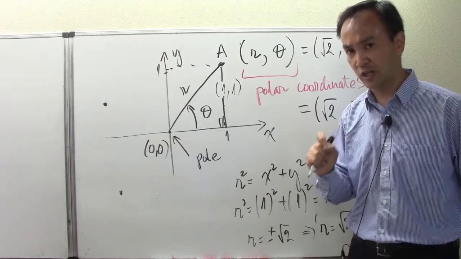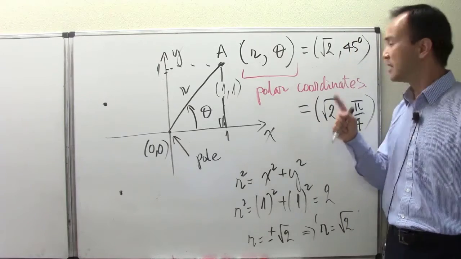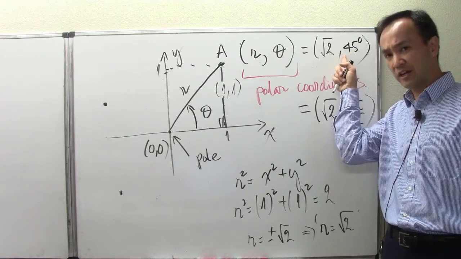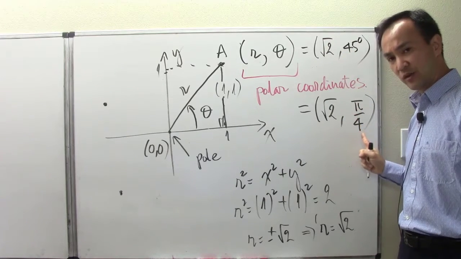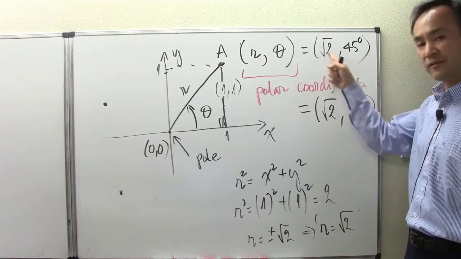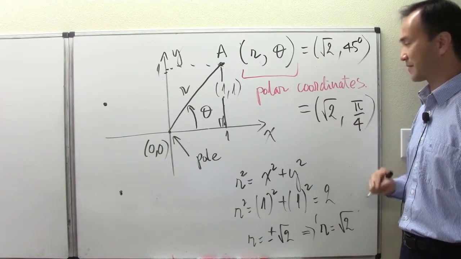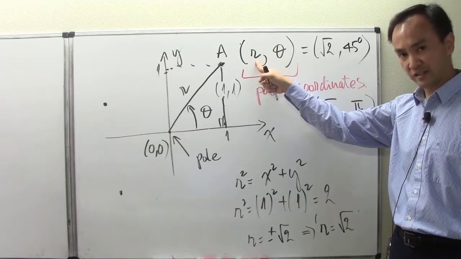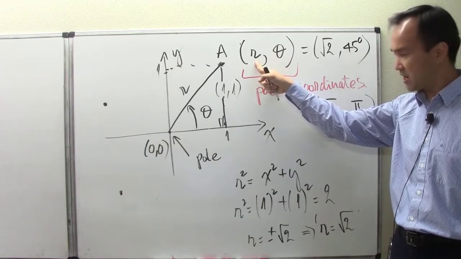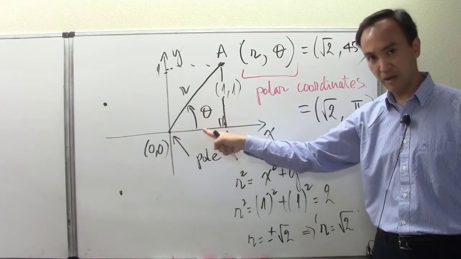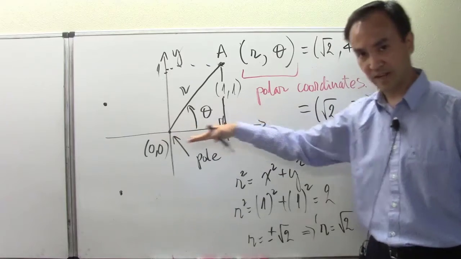So watch for those conventions in each problem you're doing, whether the problem is asking you to express your angle in degrees, or in radians. These are the two various forms of polar coordinates representation of your point: how much radius that same point made from the pole, and how much angle it makes relative to the positive x-axis.